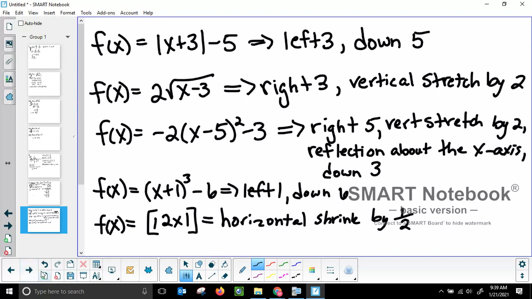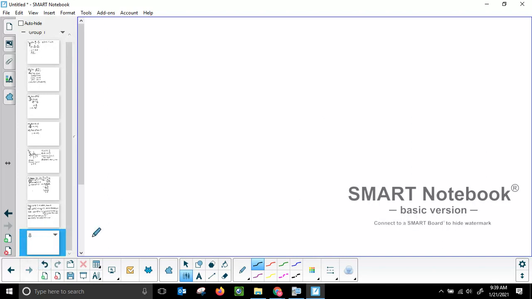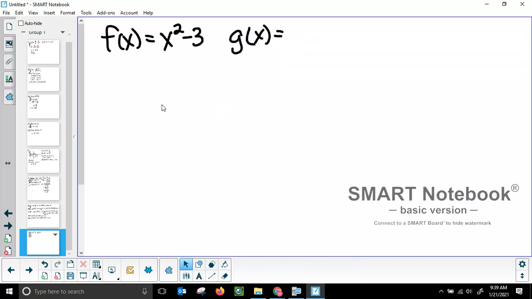Looking at number 7, it says, given f of x is equal to x squared minus 3, and g of x is equal to, g of x is x squared minus 3, sorry.